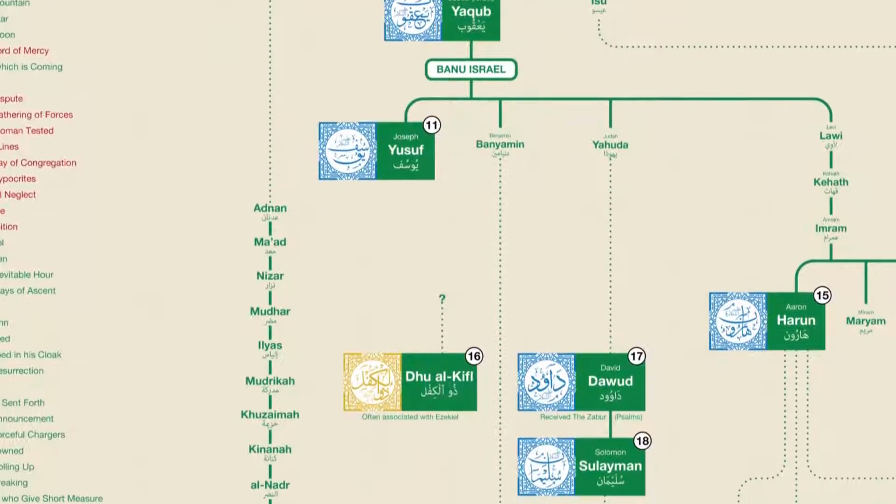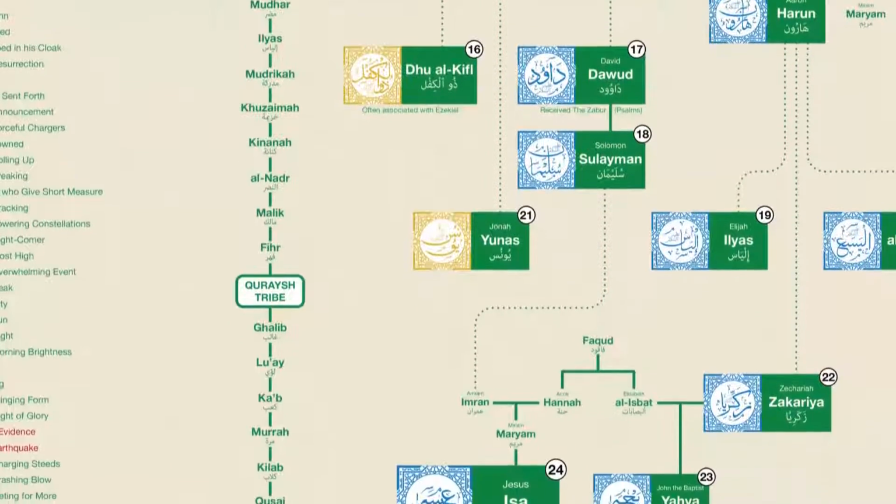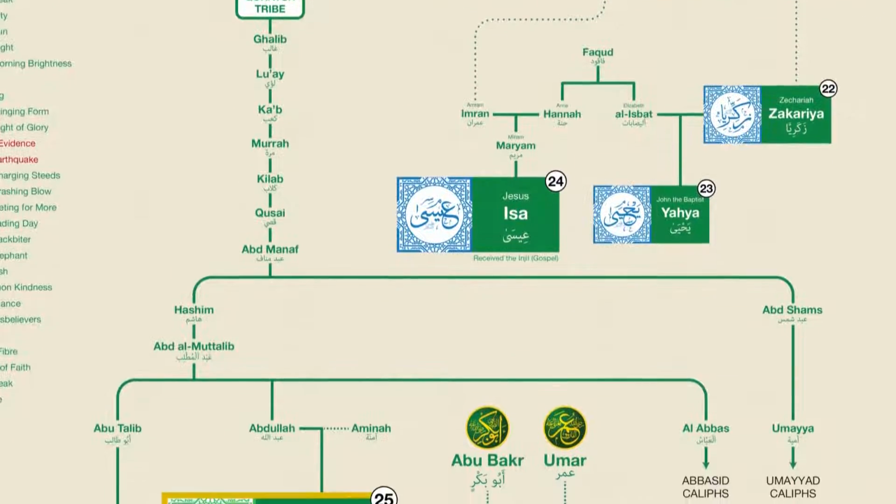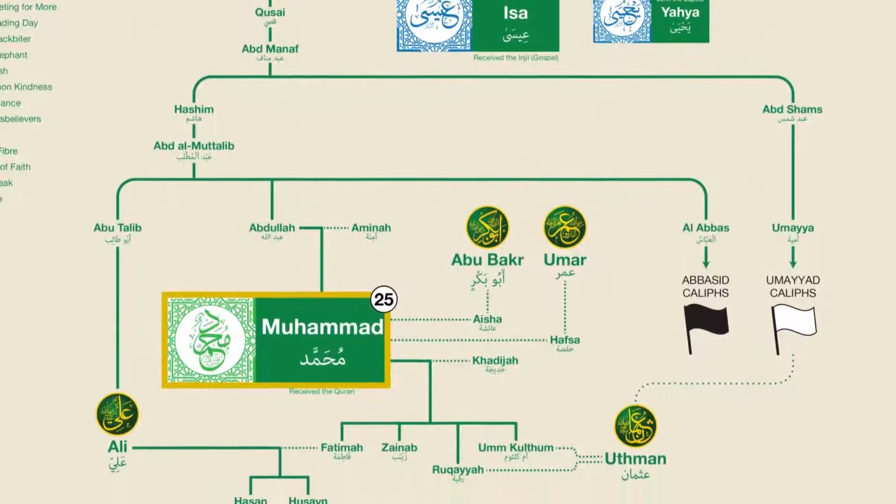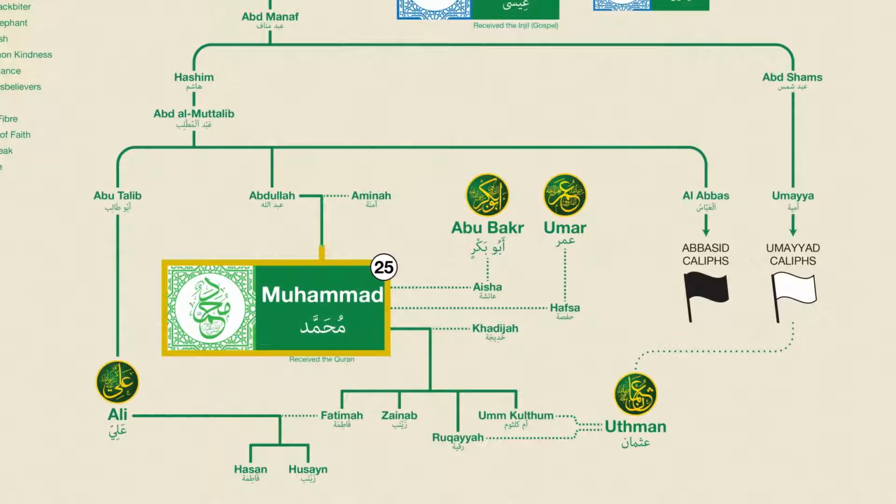From early Islamic tradition, we also have quite a lot of details about the Prophet Muhammad's immediate family. For example, we know the name of his father, his mother, and many of his wives, the first of which was named Khadija.